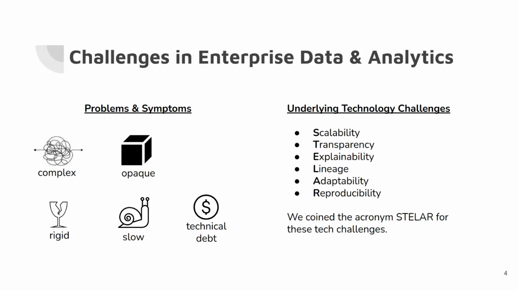But if you focus on the technology side, I summarize these 6 different challenges purely from a technology point of view. We have an acronym for them called STELLAR. They are scalability, transparency, explainability, lineage, adaptability, and reproducibility.